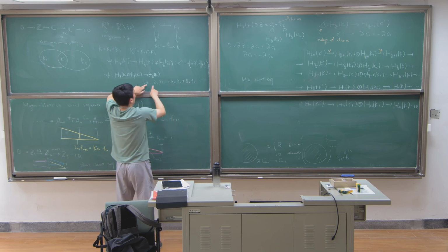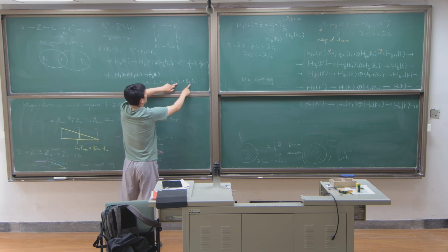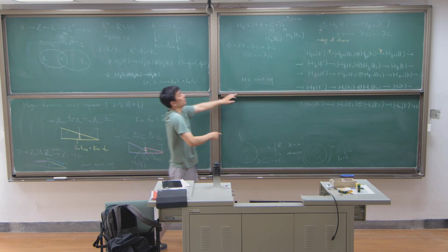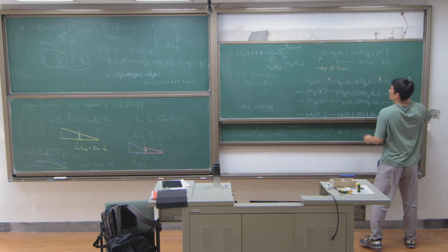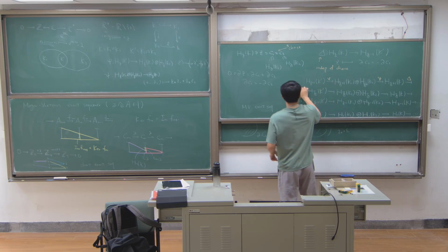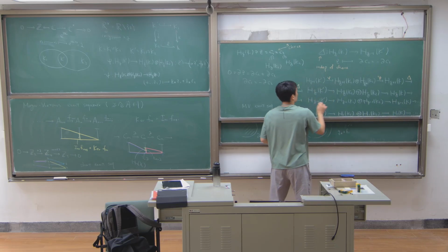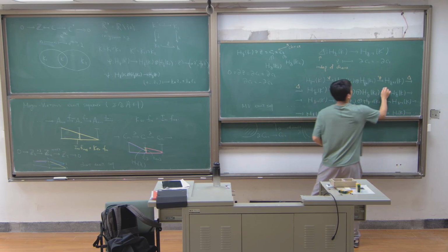And then if you map Z1, Z2 this way and take a delta. This is delta, and the phi, and the psi.